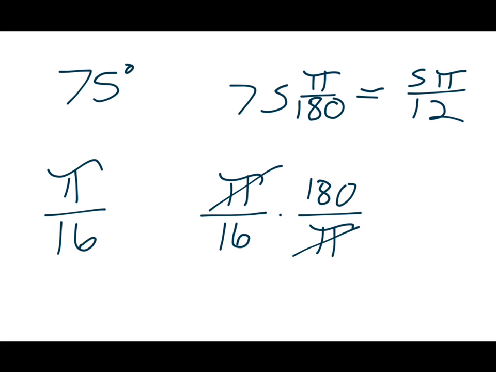The pi's cancel, and then 180 over 16 is 45 over 4, or approximately 11.25 degrees. Okay, so that's basically all you do. We have to use radians instead of degrees whenever we're doing these guys. Okay?